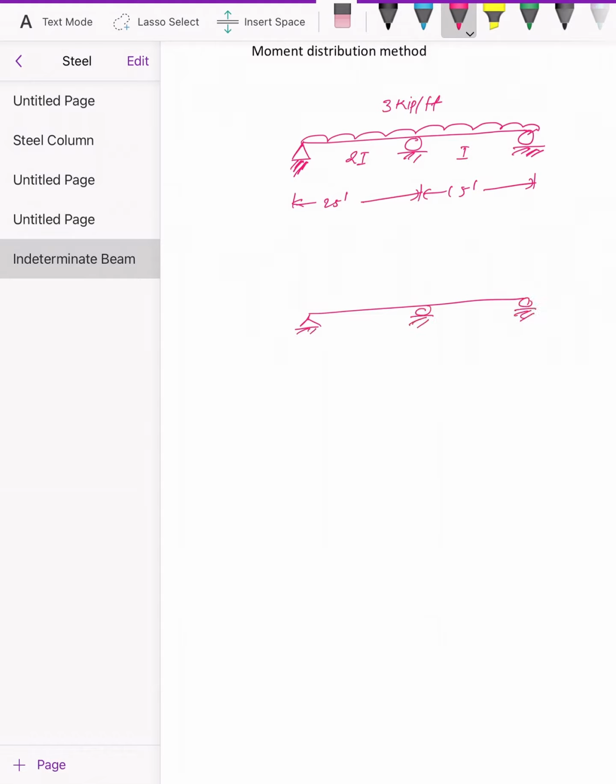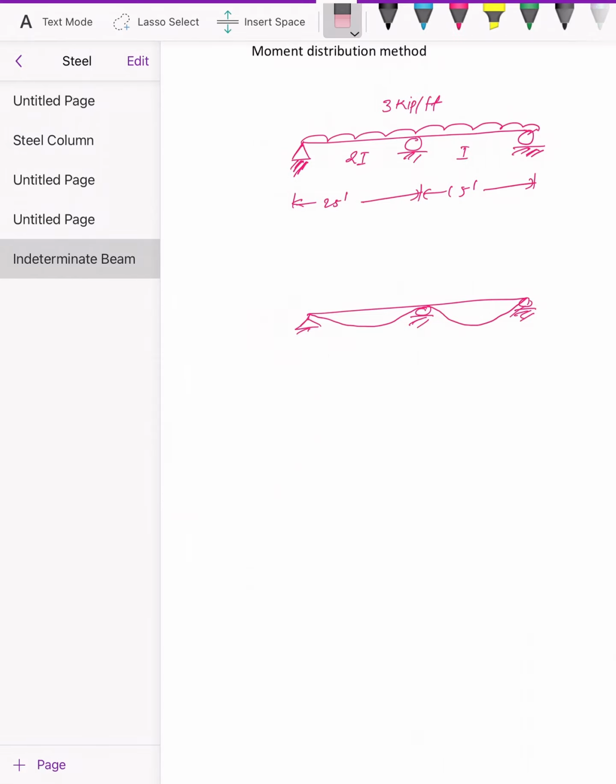When we put the uniformly distributed load from the top, it will try to deflect this way. There's a rotation here, so we have a fixing moment here.